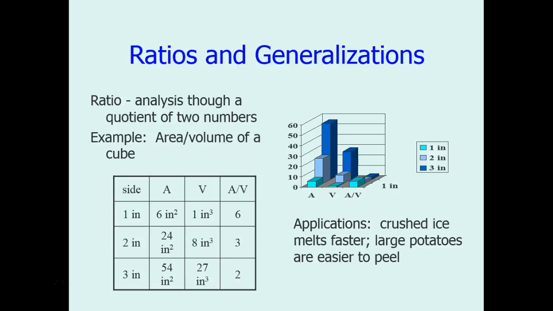So 54 square inches in a 3-inch cube. And what's the volume of that 3-inch cube? 3 by 3 by 3. 9 times 3 is 27 cubic inches. What's this area to volume ratio? 2. So the bigger cube you get, the smaller the area to volume ratio.